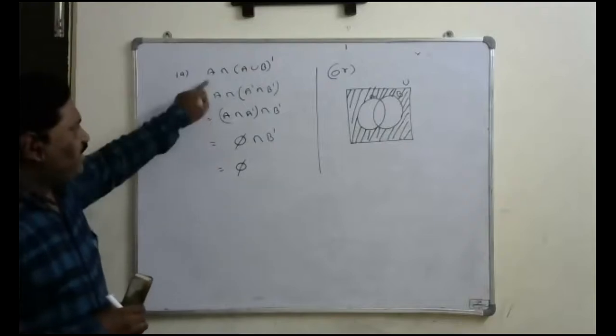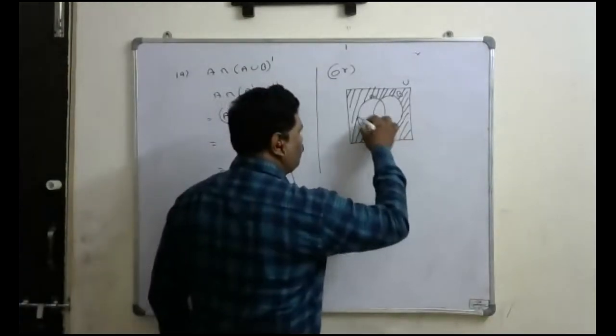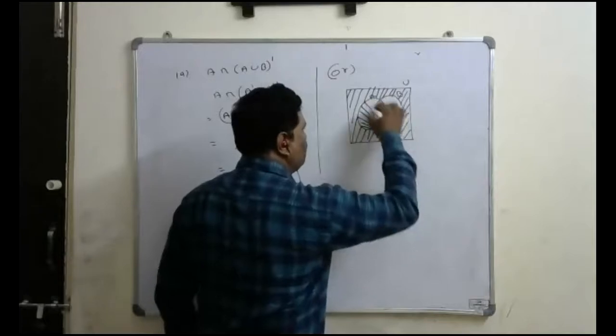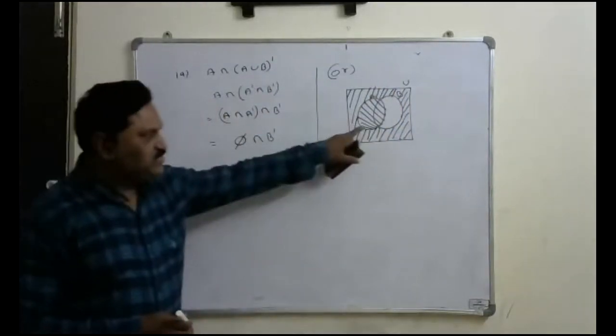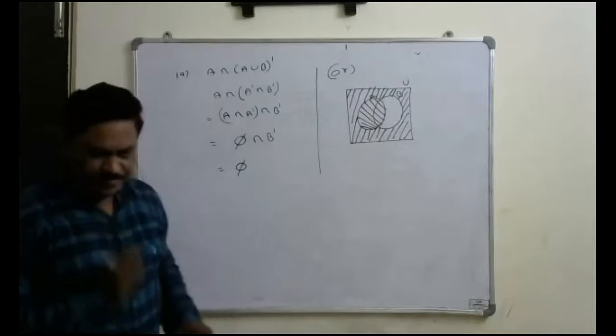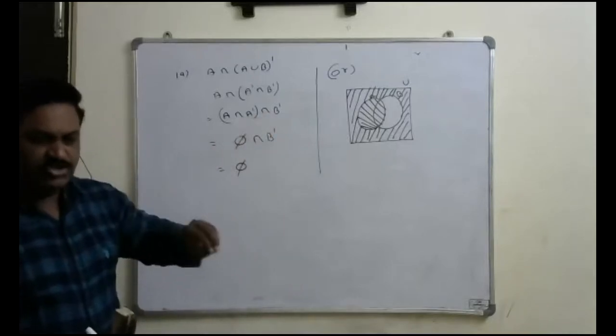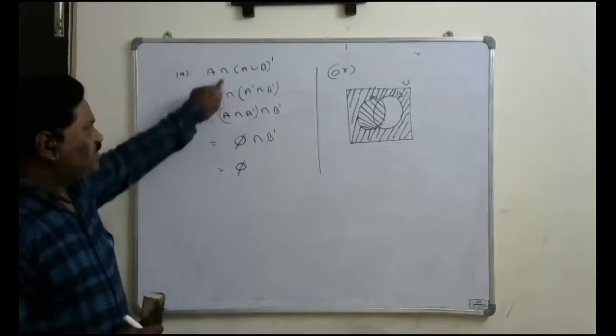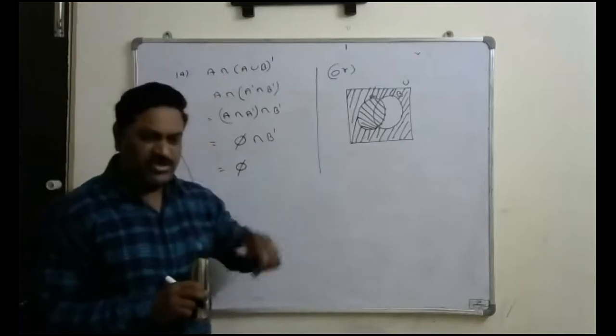And this is the part of set A, so this hash line represents A. Now observe these two hash lines. Are you finding any double hashed area? Intersection means common area, and common area means you should find the double hashed area.